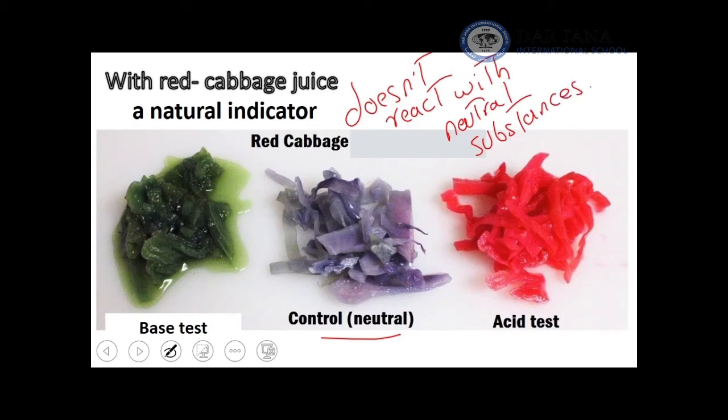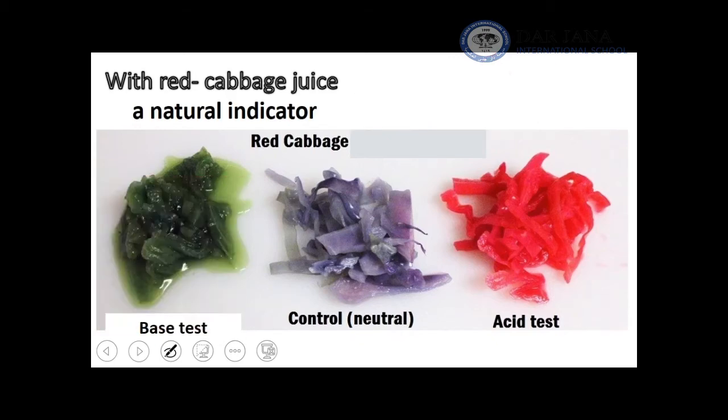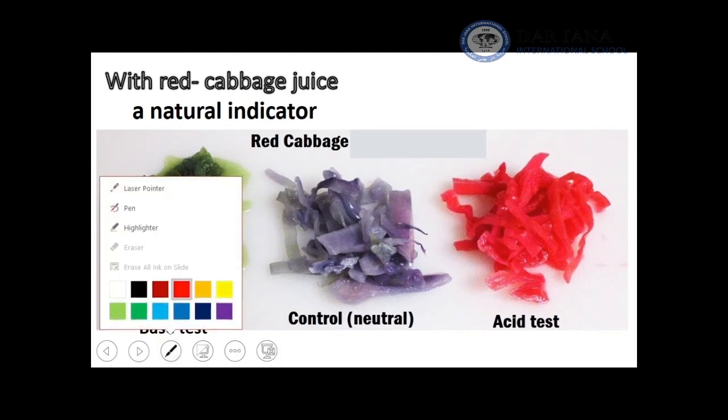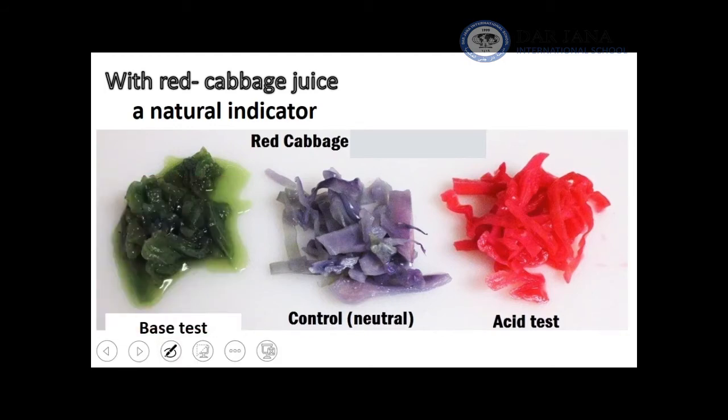Okay, and one more thing about neutral substances. So we know that acids release hydrogen ions when dissolved. So if we have an acid, we will get hydrogen ions. If we have a base, we will get hydroxide ions.